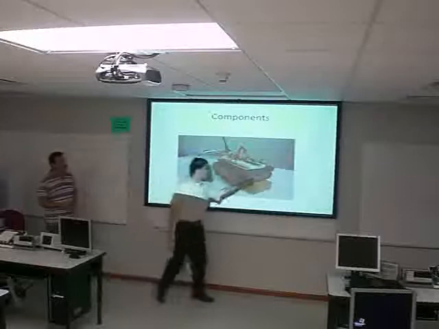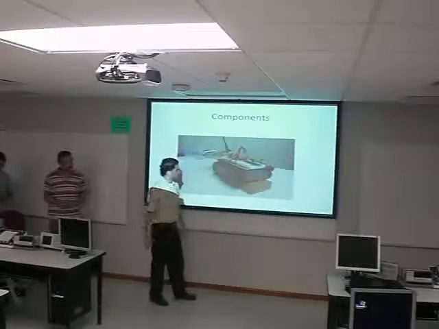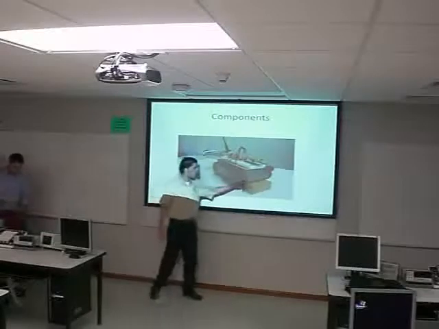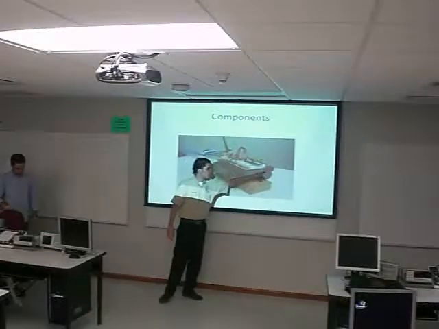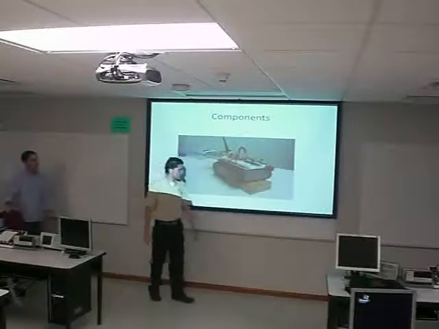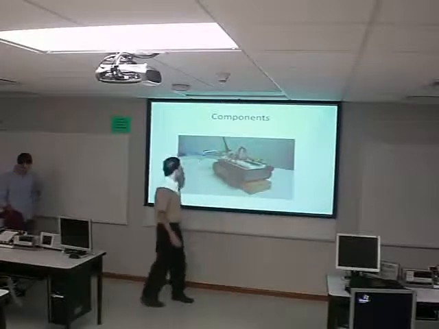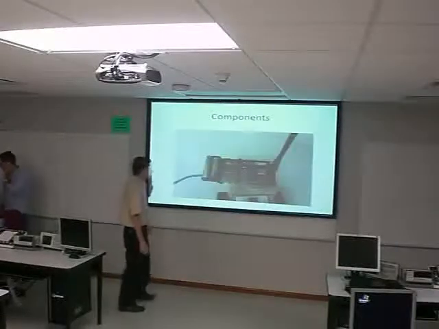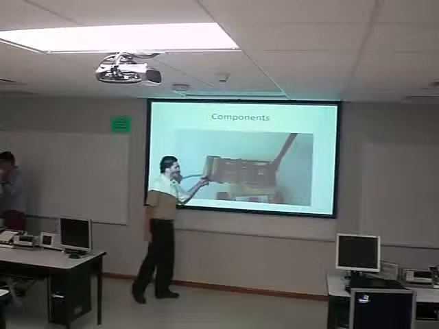Basically, this is our Sonar. It detects the object, and the output of the Sonar is a voltage. The voltage is proportional to the distance. And this is our RF module.